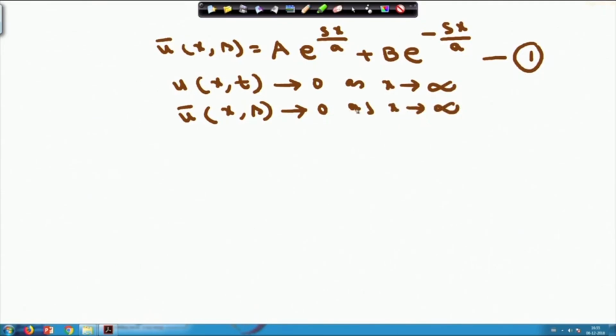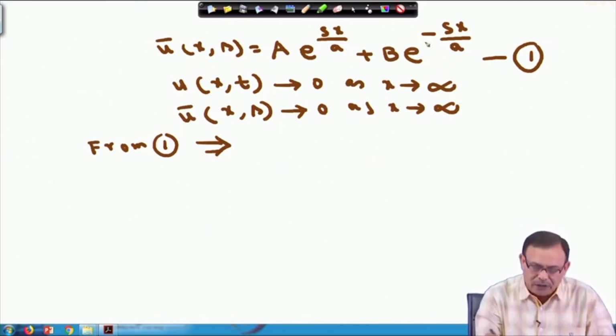So, if I substitute it in 1, what I will obtain: u bar x s approaches 0 whenever x approaches infinity. So, the second term of equation 1 will vanish, and the left hand side is 0.